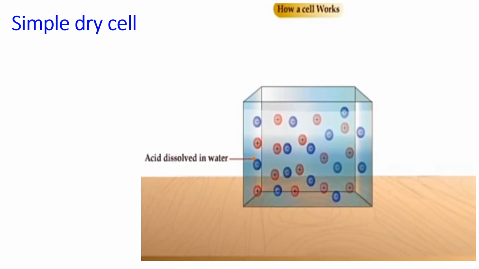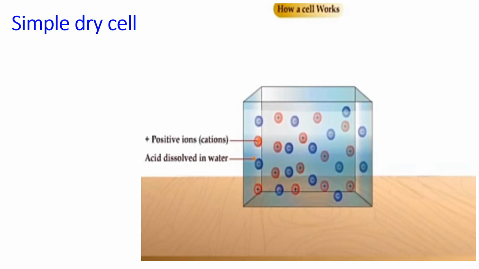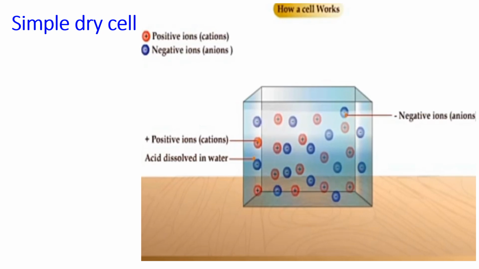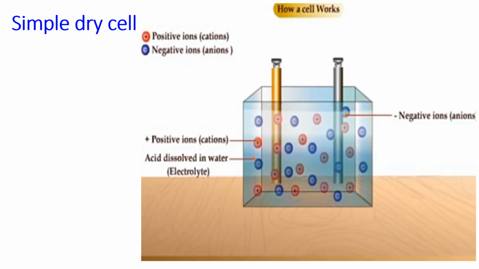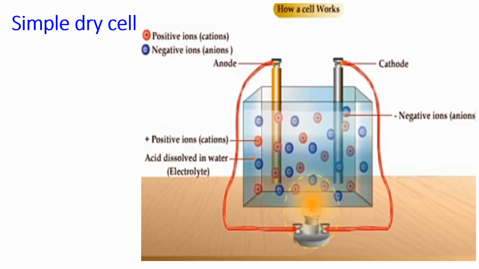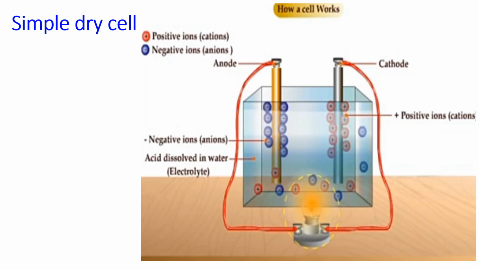When acid dissolves in water, it forms ions, which are positively charged and negatively charged, what we call cations and anions, forming what we call electrolytes. Taking a consideration where a zinc rod is immersed and also a copper rod immersed, the zinc will attract the negatives and become an anode, negatively charged, and the cathode will attract all the positives and become positively charged.